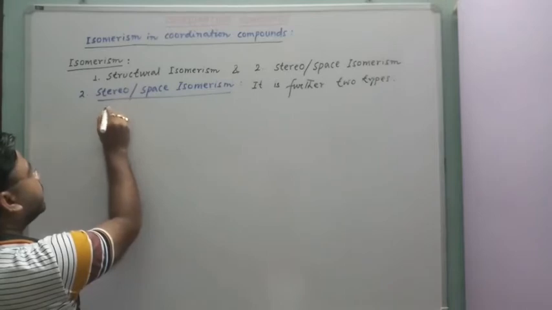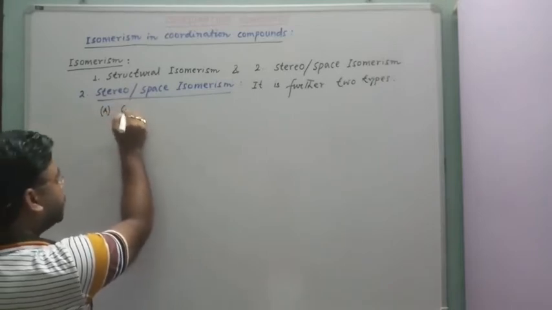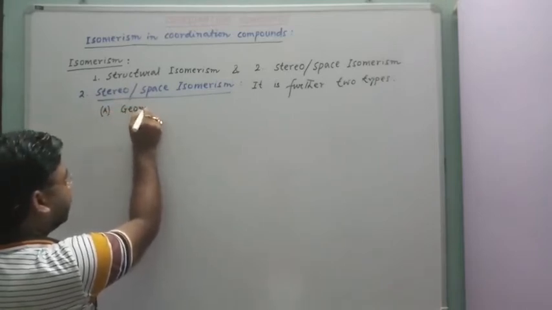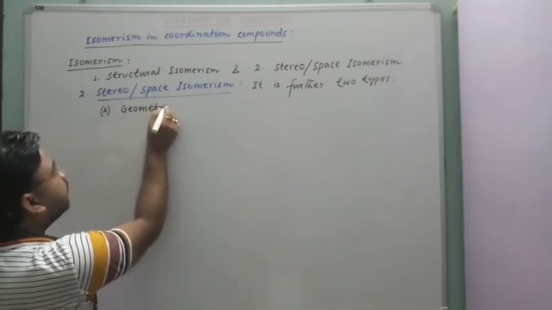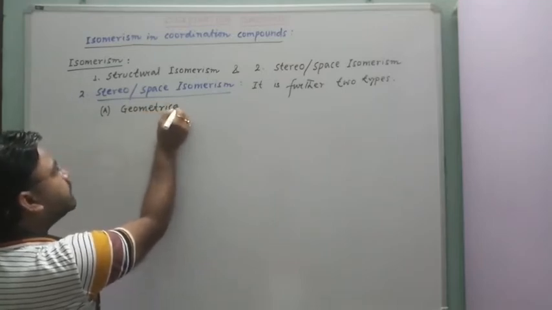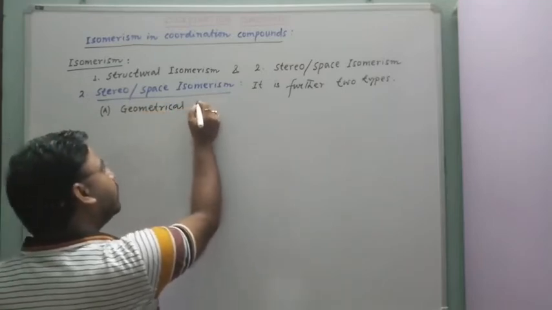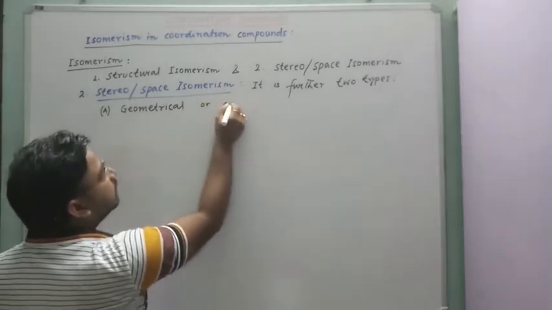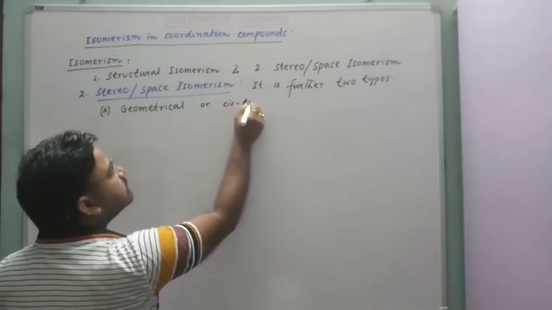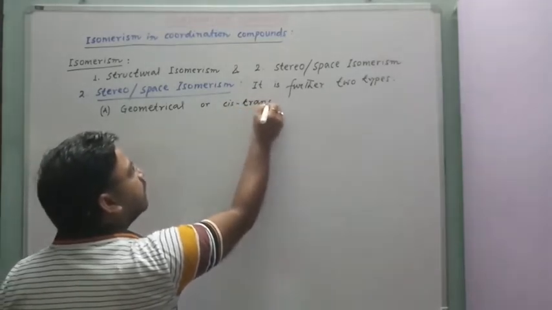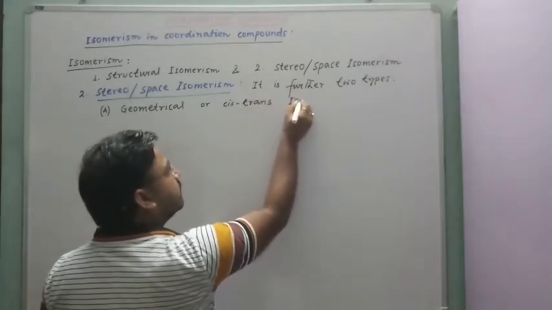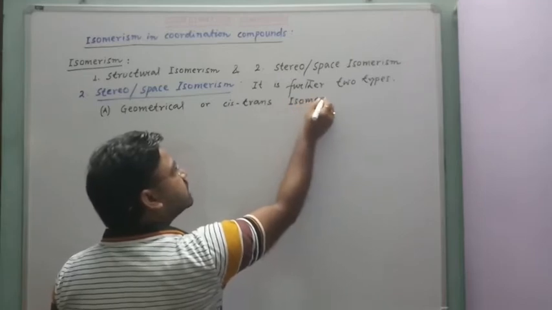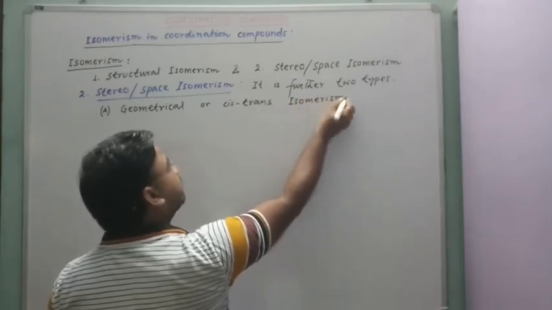Number A, geometrical isomerism, or it is also called cis-trans isomerism. So geometrical isomerism or cis-trans isomerism.